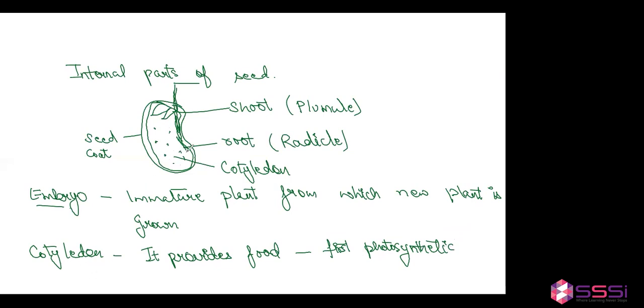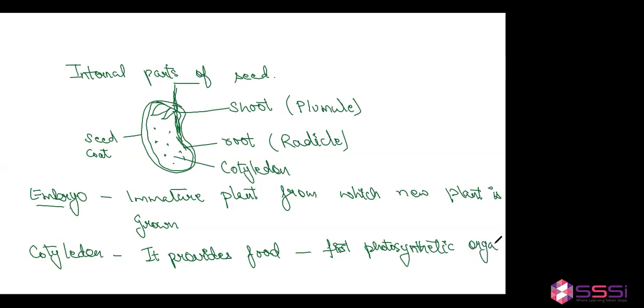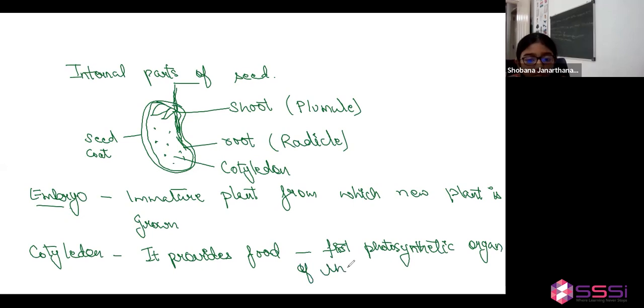Inside the seed, when the plant gets everything, the sunlight, the water, the soil, it is the first part of the plant. Yes, ma'am. When a little bit of the root goes down, comes out, and the shoot comes upward. So it is the first photosynthetic organ of the plant. Okay, ma'am.